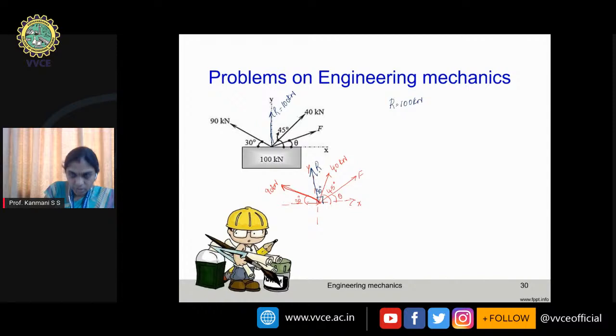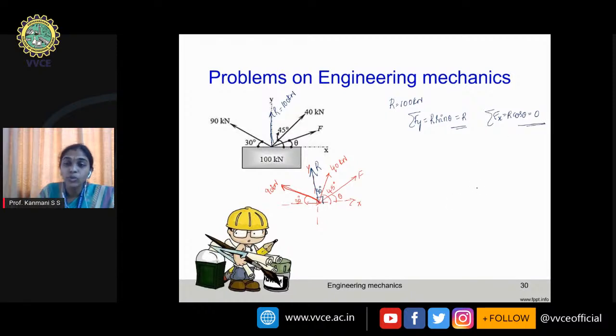So our basic formula: summation Fy is equal to R sine theta. R sine 90 is equal to R, and summation Fx is equal to R cos theta, which is directly equal to 0 because cos 90 is 0.